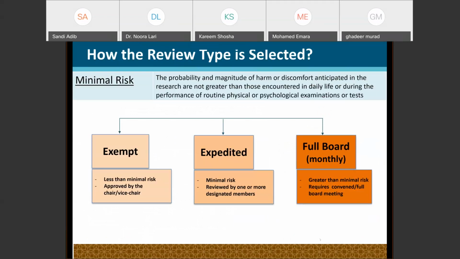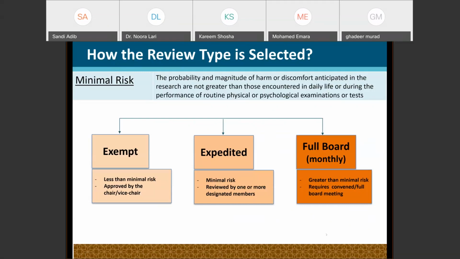So the review type is selected according to the type of risk. All applications that are less than minimal risk or contain no risk go to the exempt review procedure. As Dr. Amara and Dr. Noura said, the exempt review has a shorter processing time than the expedited or full board, because it contains almost no risk to the participants.